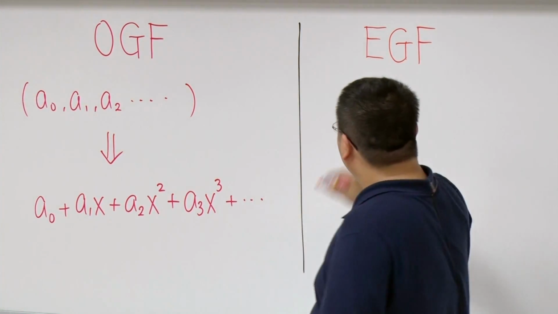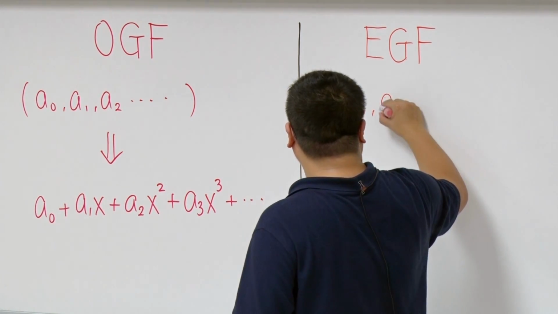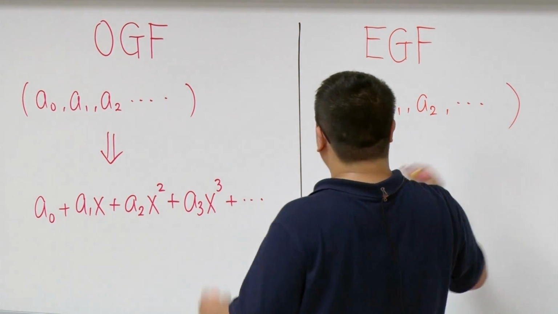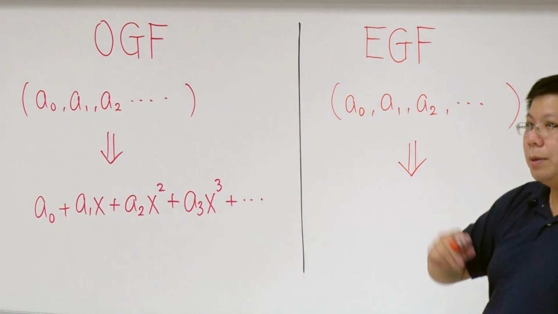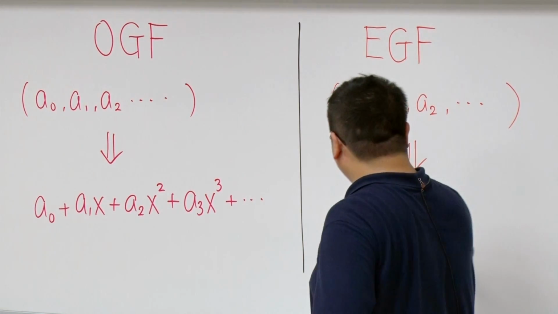Okay? And then the same, we are interested in the terms A0, A1, A2. But in that case, we are not directly multiplying Ai with x to the power i. We are doing a little bit strange things here.